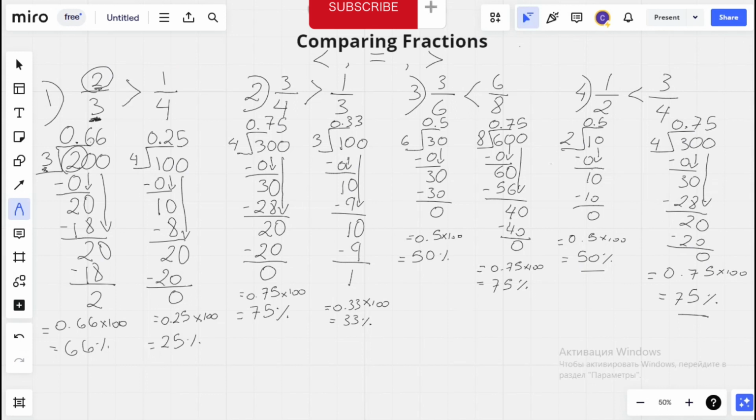And the most important step you have to remember is that when the division doesn't end with 0, when you add the 0, you also add a decimal point. After you add the decimal point, you do your division.